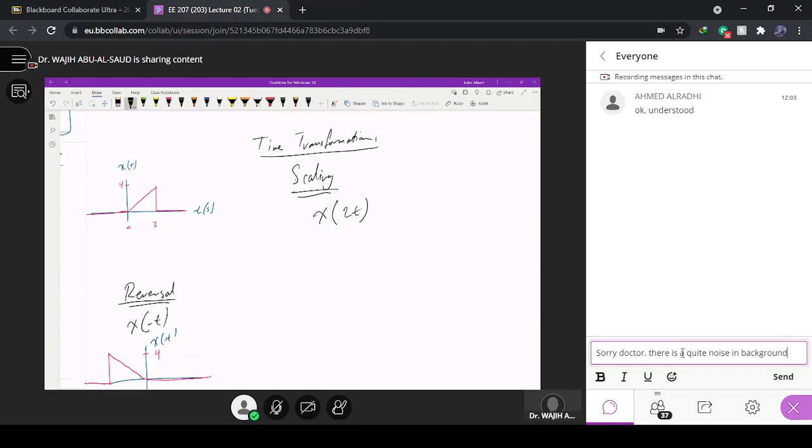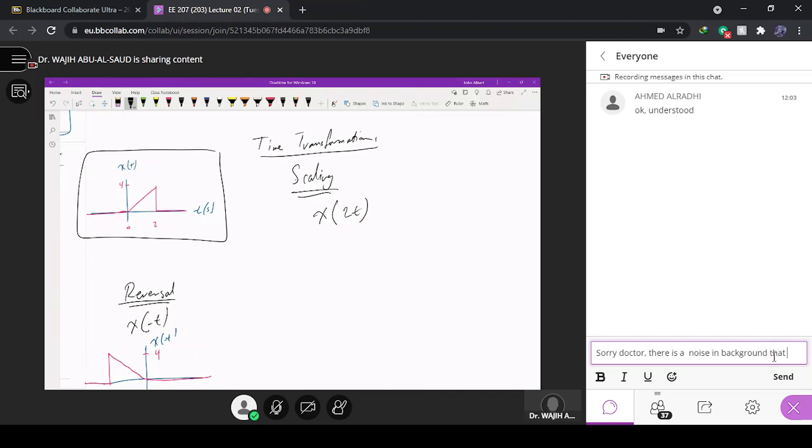You corrected. Yes. Okay. You see, gentlemen, if I give you x of t like this signal, and ask you to sketch x of 2t, what comes to your mind right away is each t has been replaced by 2t, which means that I will expand the signal by a factor of 2. But that's not right.